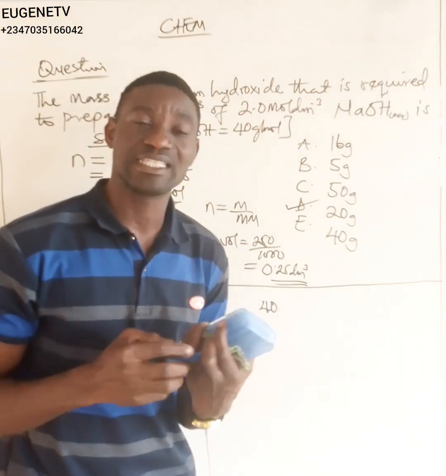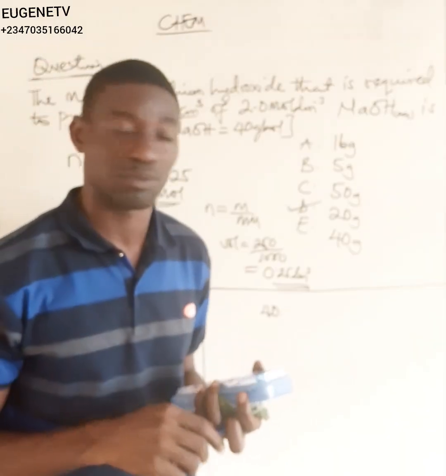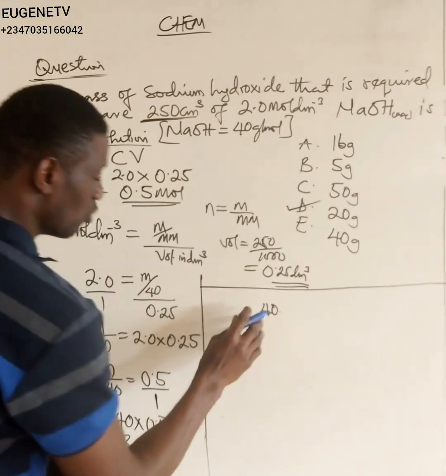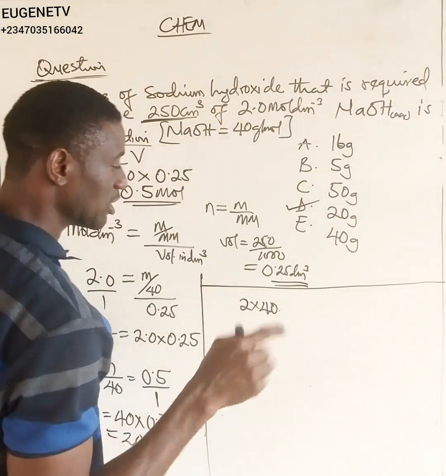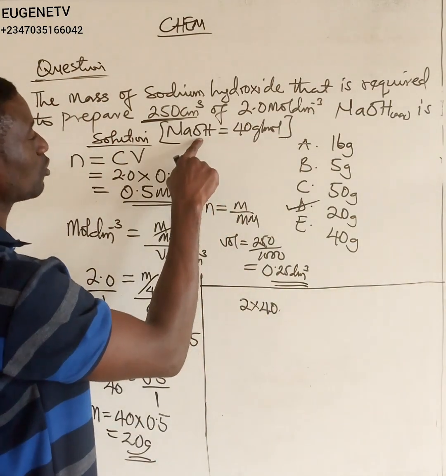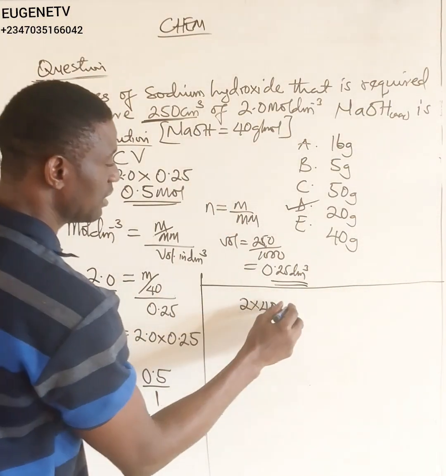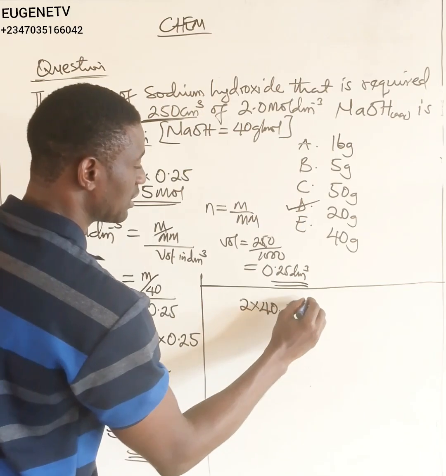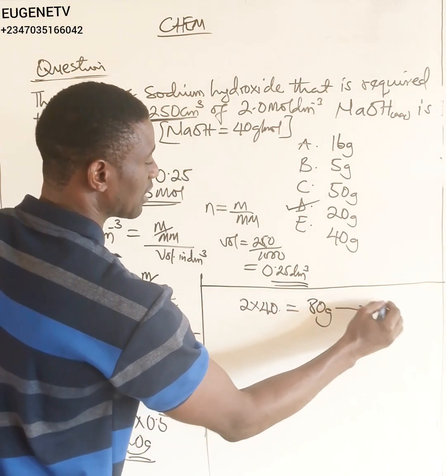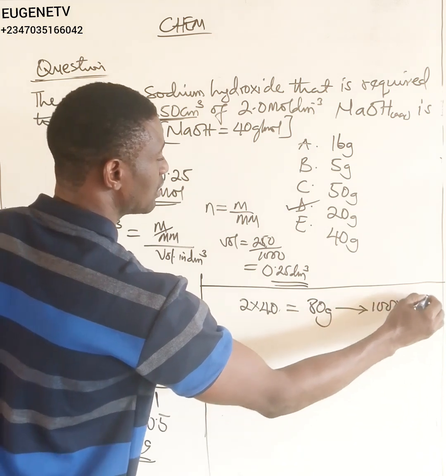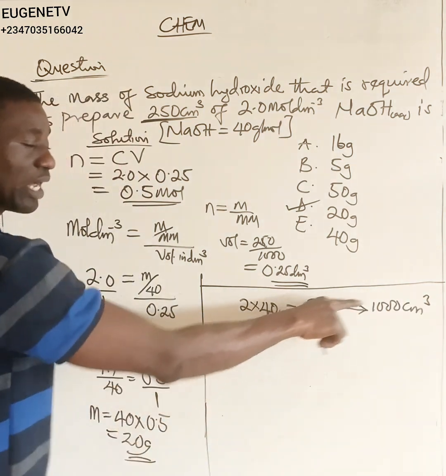Remember, 1000 cm³ is the same thing as 1 dm³. So 2 moles in 1000 cm³ is the same as 2 times 40, because 40 is the mass of 1 mole of sodium hydroxide. So 80 grams of this is dissolved in 1000 cm³. This is the meaning of 2 mol/dm³ of sodium hydroxide.